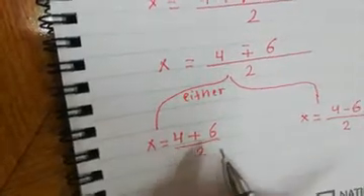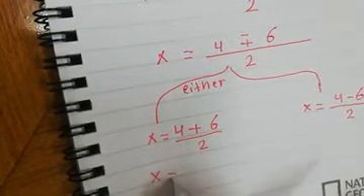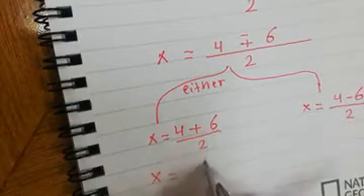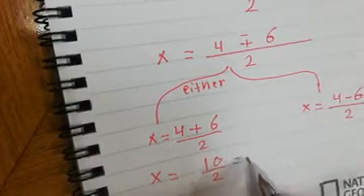This part I can simplify, so x will be 4 plus 6, it will be 10 out of 2, which is 5.